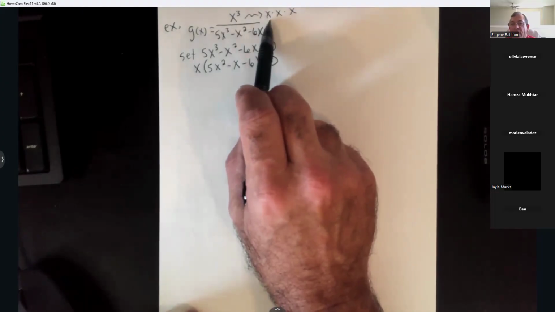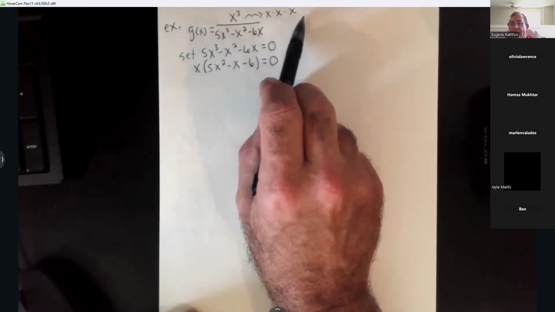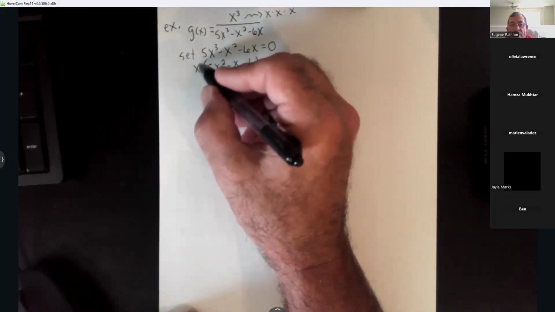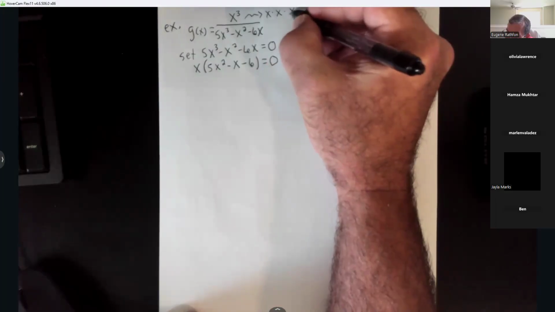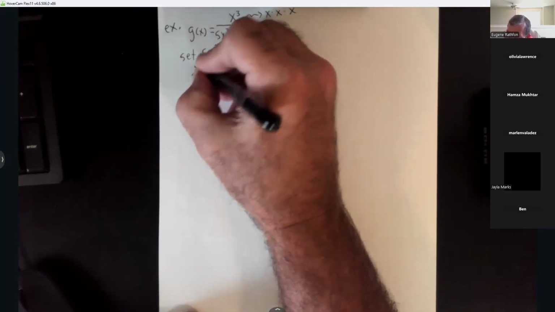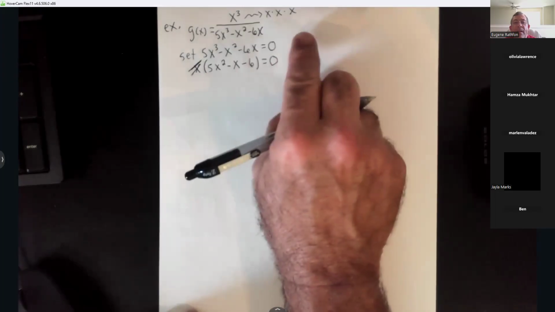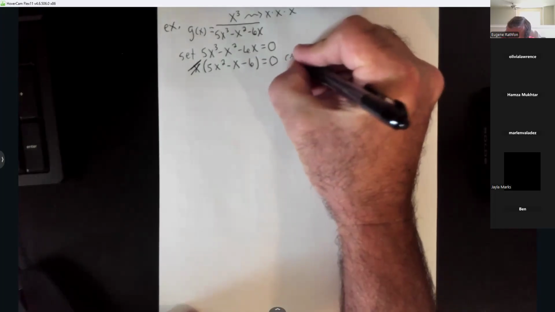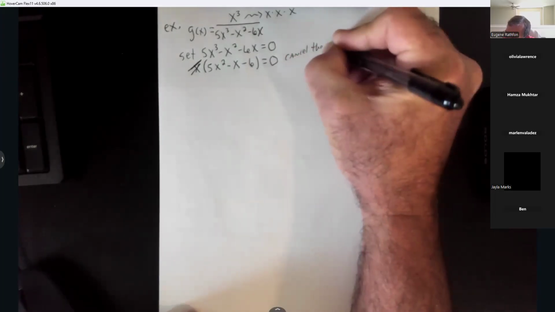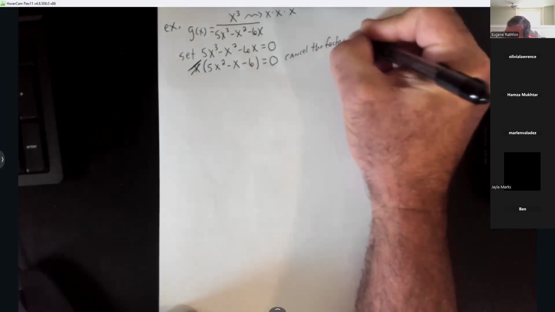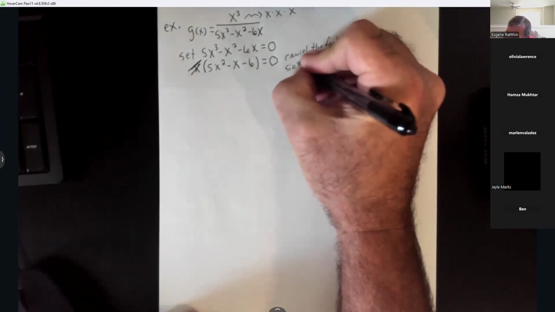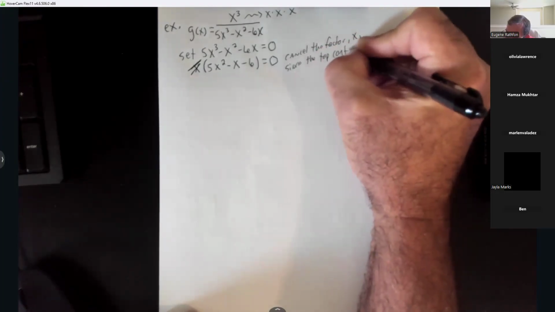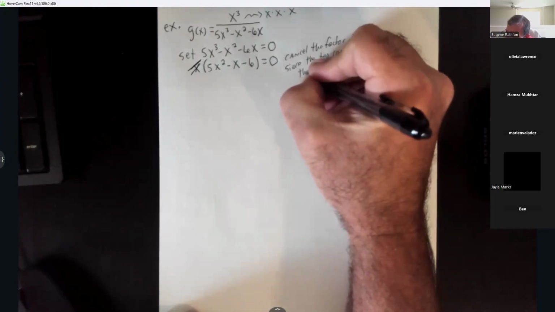On top, I got single x's. I got an x times x times x. So one of these x's on top is going to cancel out this vertical asymptote. So you can sort of cancel this one out because it matches a factor on top, okay? So cancel the factor x since the top contains the same factor.